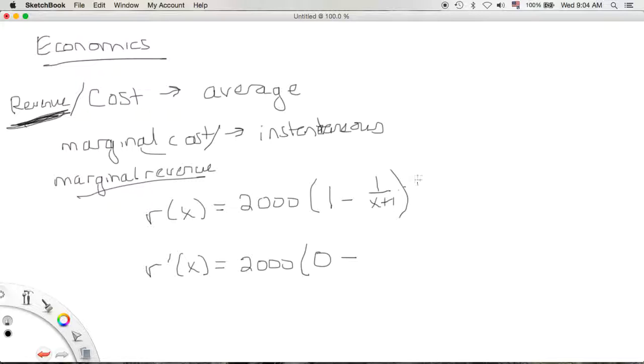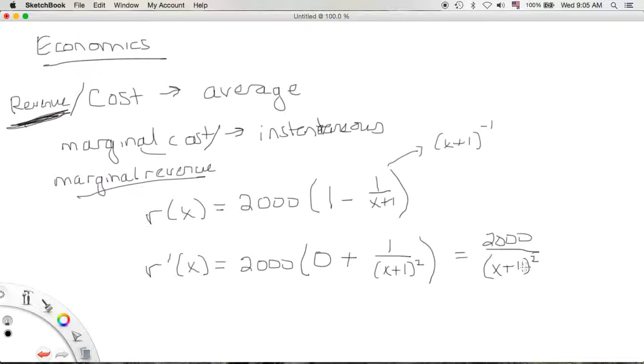We got to use our power rule. Remember, this is x plus 1 to the negative first. So that'll give us, take down the power, 1 over x plus 1 squared. So we get 2,000 over x plus 1 squared.